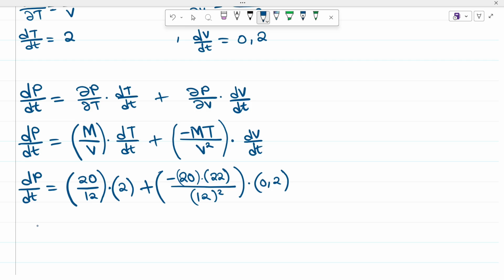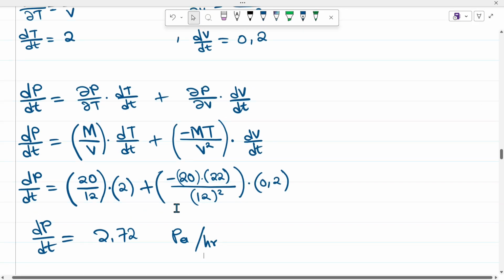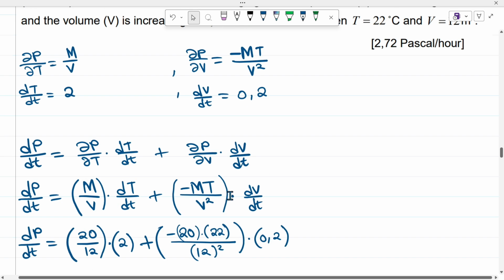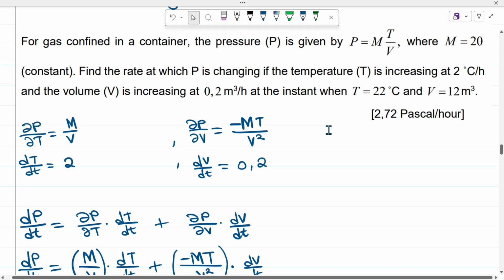And then we use our calculator there. We will find that our rate of change of P is equivalent to 2.72 pascals per hour. So this is going to be your answer for that question.